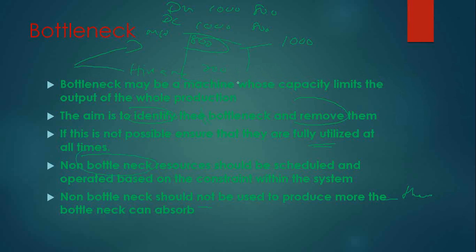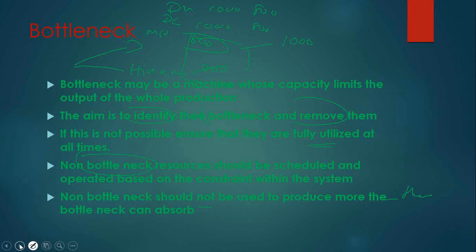Then no problem. Add 200 hours and use the machine to the full capacity. But if you can't do this, stop production at 800. If you can increase the machine hours by 200, do it. If you can't do it, stop production at 800.